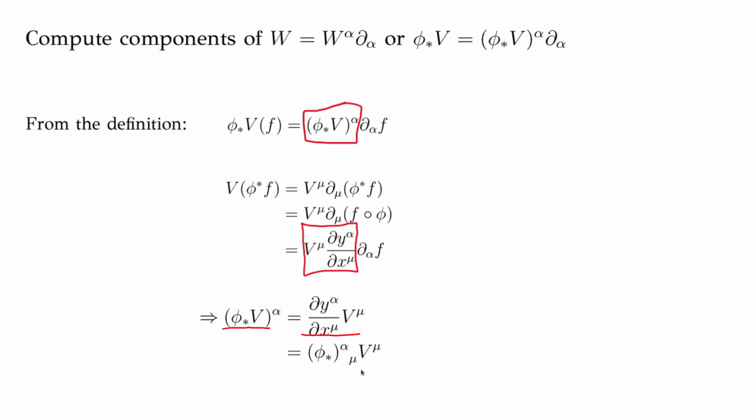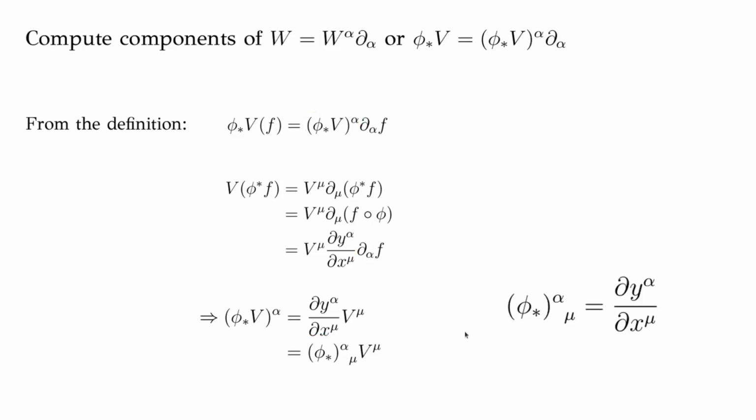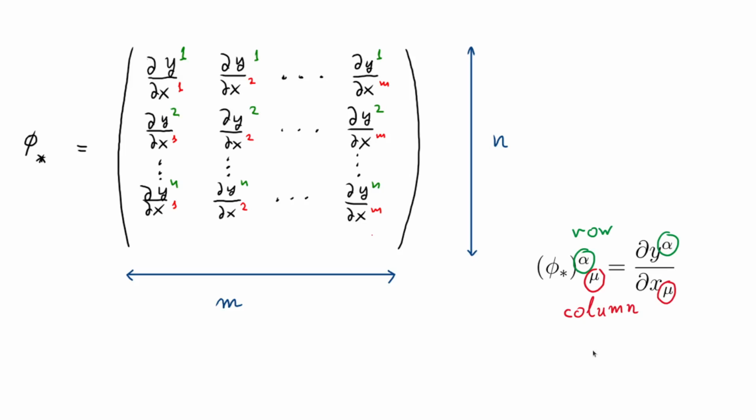We can see that this expression here defines a linear operation on the components of v. So this linear operation is represented by a matrix, and this matrix has those elements here. Let me be a little bit more explicit, since we will use this representation in actual computations.